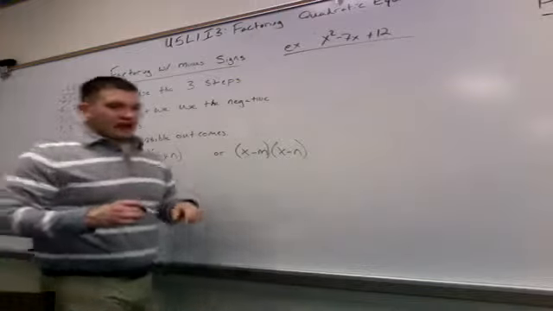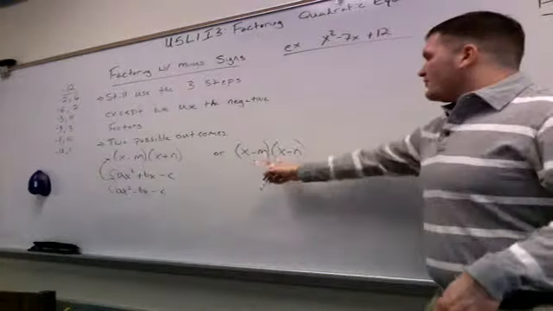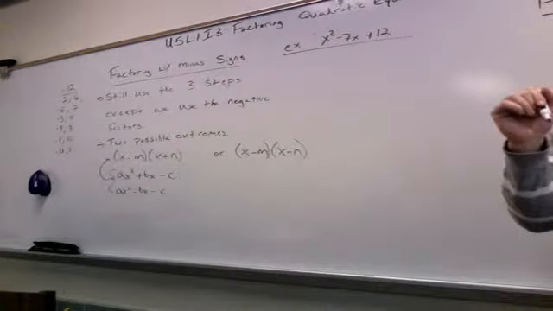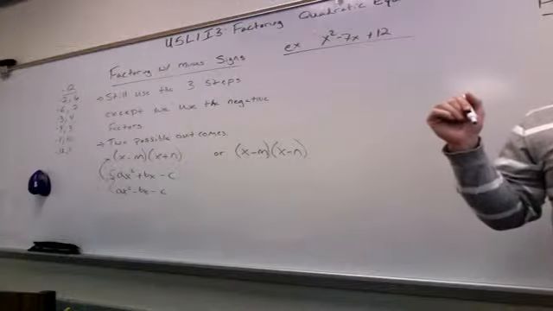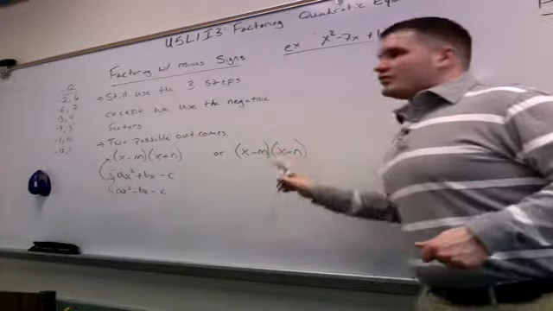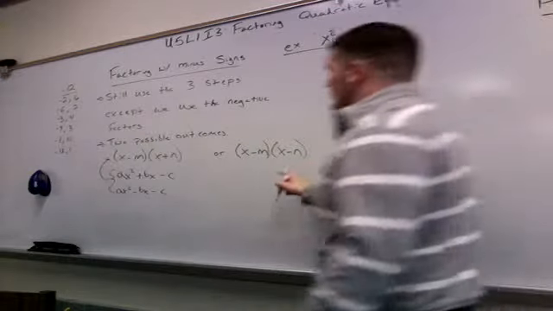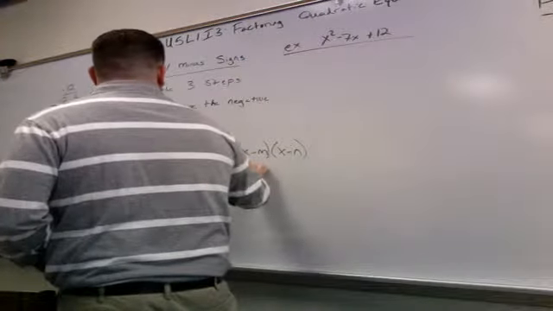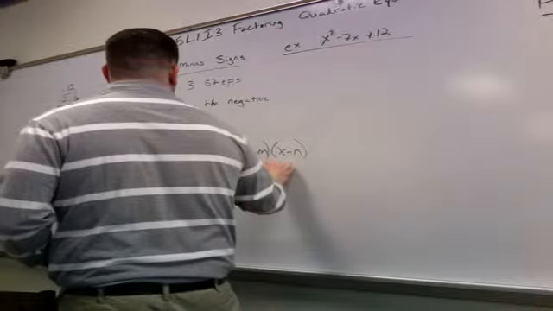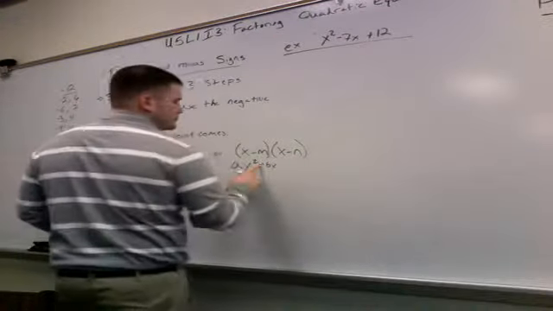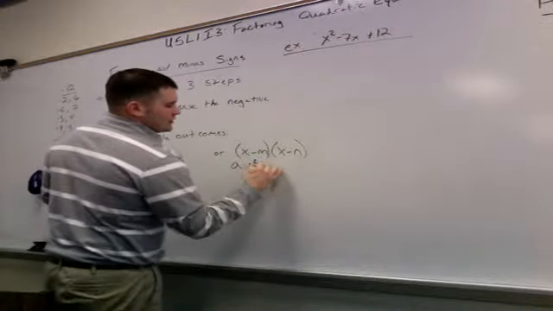Now, if I have two negative factors, what's my c going to be? It's going to be positive. If I have 2 negative factors, what's my b always going to be? Negative. So this one will always come from an expanded form that looks like this.